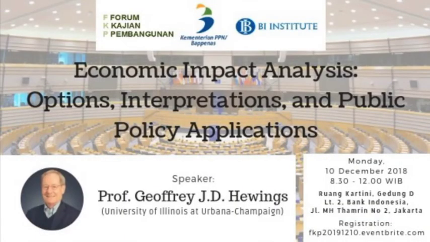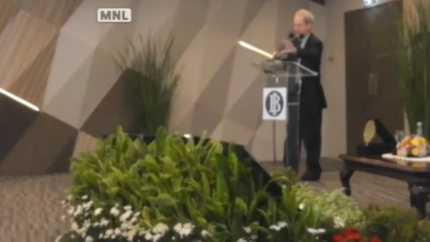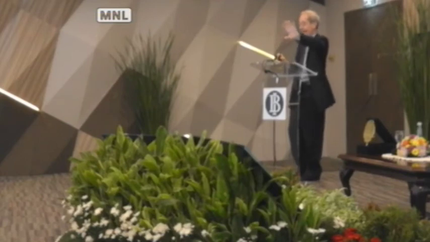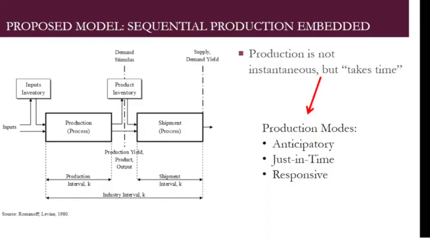And as you will see, we have enormous problems with how people change their behavior over time. And I'm just going to sample a couple of these things. This is the sort of model that we work with, and we have to come back another night and go through the detail. It has one interesting feature: we don't assume that all production occurs instantaneously.